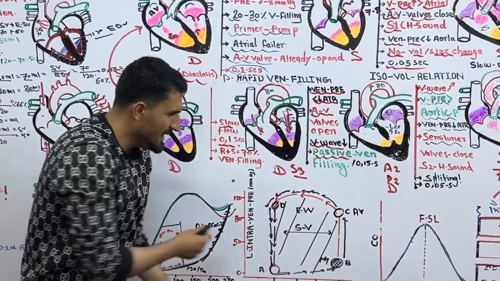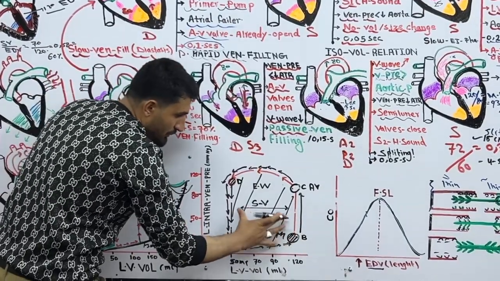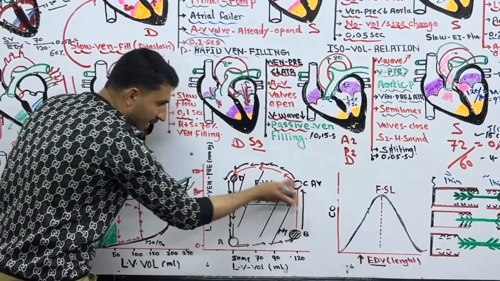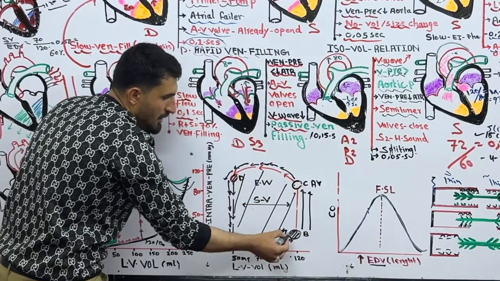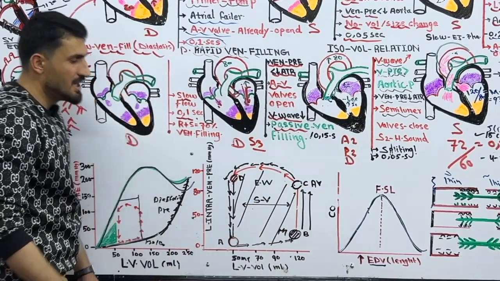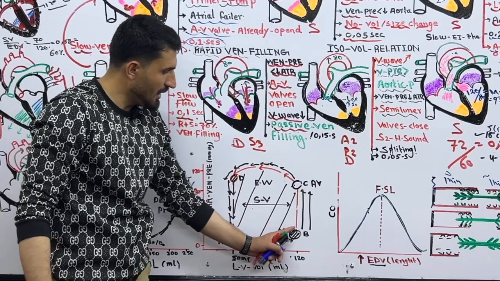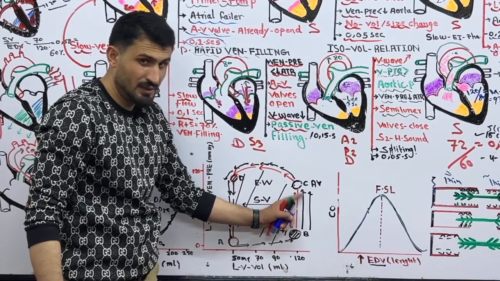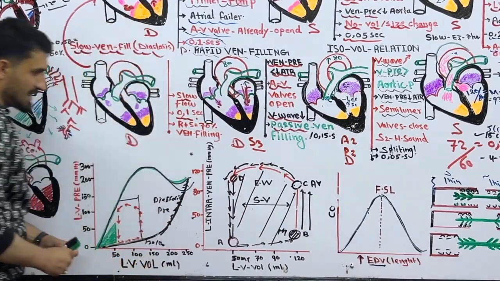Got it? And here, as I talked about before, between pressure work and volume work, the most energy is used from point B to point C, with points A, B, C, and D, because here the heart generates a lot of pressure. But anyway, all of this is called external work.